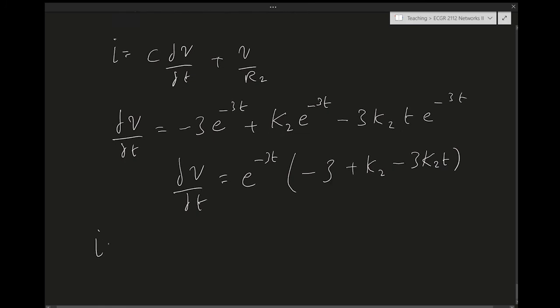And then finally, I is just going to be C times dV/dt. C is 1/8, so it's going to be 1/8 e^(-3t) times (minus 3 plus K2 minus 3 K2 t).